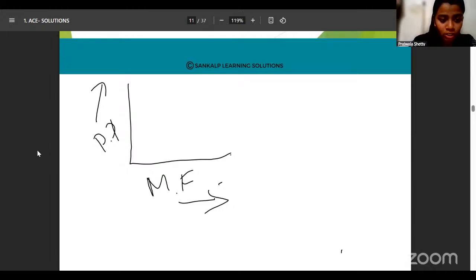When you plot these two, as they are proportional to each other, if one increases, the other also increases, something like this. It is linear in nature. So in simple words, if we draw a graph between partial pressure and mole fraction of a gas, then we should get a plot like this.